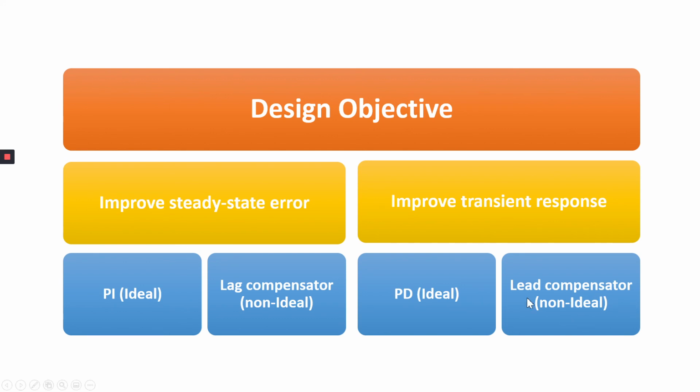How if we want to improve both steady state error and transient response? We can combine the compensator from the same type. For example, to improve both, we can use PID, proportional integral and derivative compensator from ideal compensator, or we can combine lag lead compensator from non-ideal compensator.